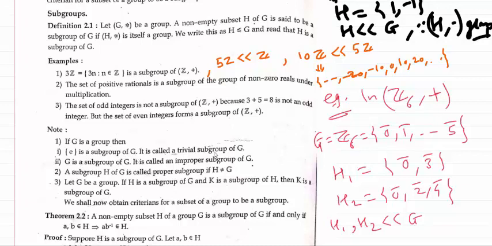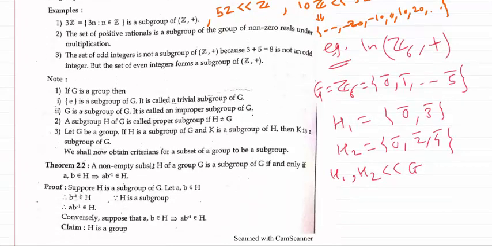That is called the trivial subgroup. G is also a subgroup of G because G is a subset of G and G is a group. That is called the improper subgroup.